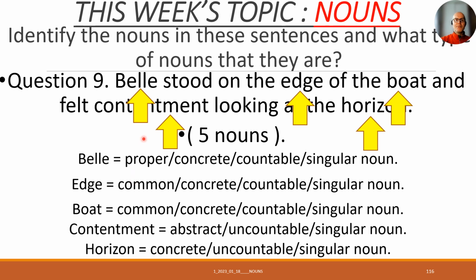Belle, proper, concrete, countable, singular. Edge, common, concrete, countable, singular. Boat, common, concrete, countable, singular. Contentment, abstract, uncountable, singular. And horizon, concrete, uncountable, singular.